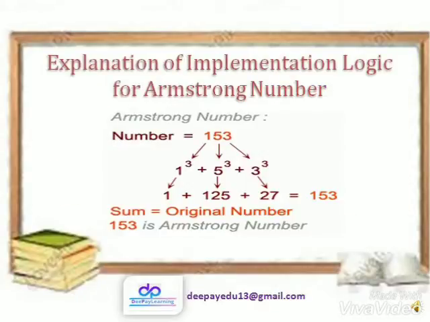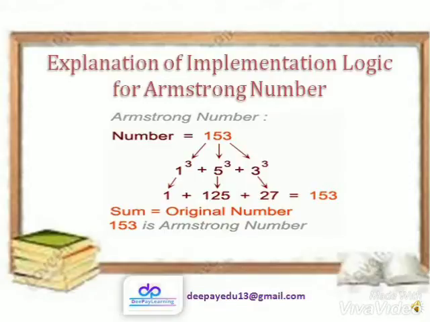Let me explain in detail by taking an example of a number, say 153. Here 153 comprises 3 digits, that are 1, 5 and 3. If we add the cube of all its digits, that is 1 raised to the power 3 plus 5 raised to the power 3 plus 3 raised to the power 3, it will result in 153.